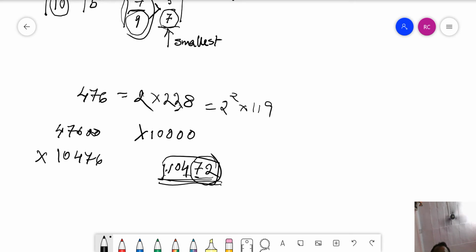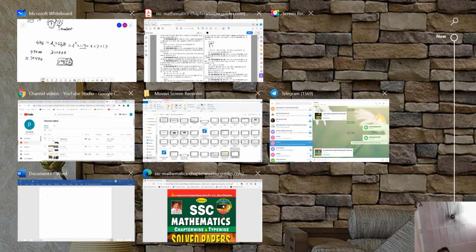The number is divisible by 4. Fine. What else do we have? 4 into 119, and 119 is 7 into 17. Is it divisible by 7? Yes, it's divisible by 7.